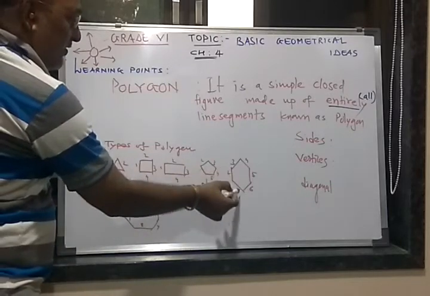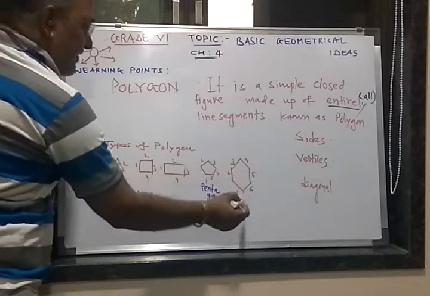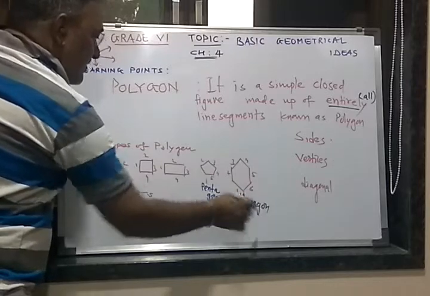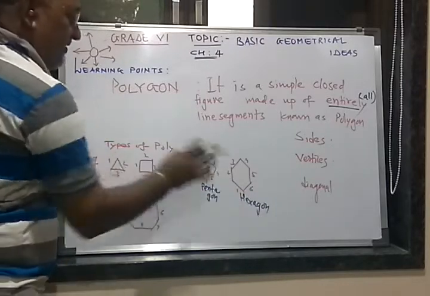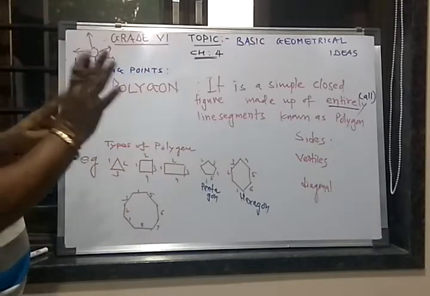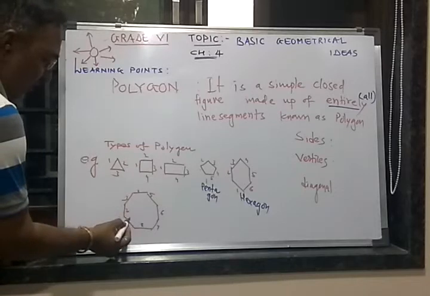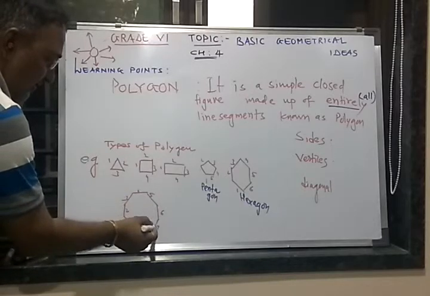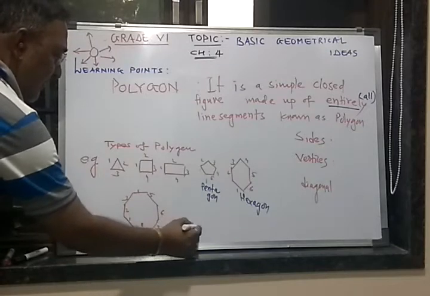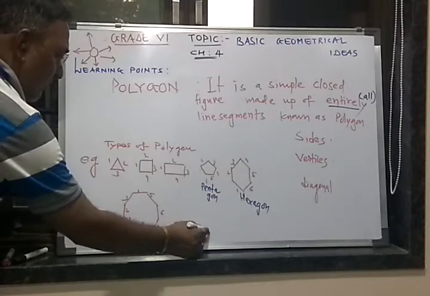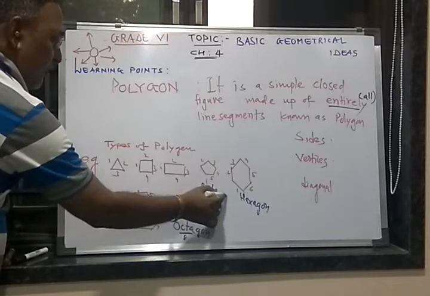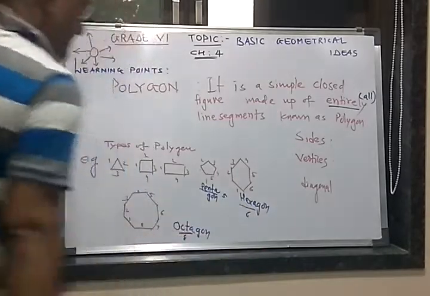Here 1, 2, 3, 4, 5, 6: it is known as a hexagon. 6 sides, hexa; 5 sides, penta. And here you see 1, 2, 3, 4, 5, 6, 7 and 8. 8 means octa, that's why it is known as an octagon. Octa means 8, penta means 5, hexa means 6.